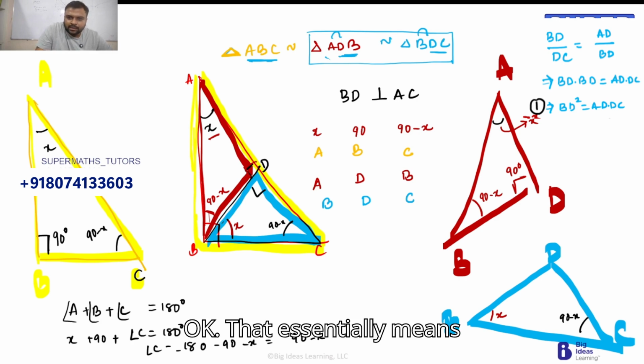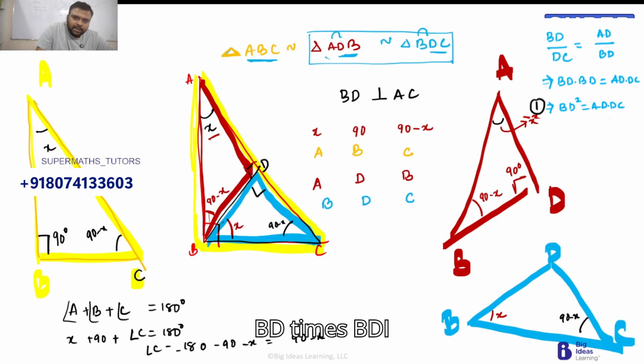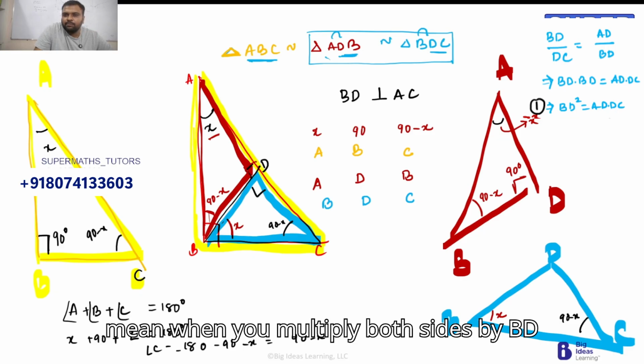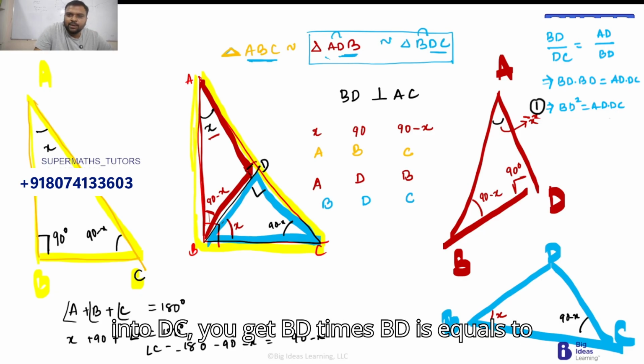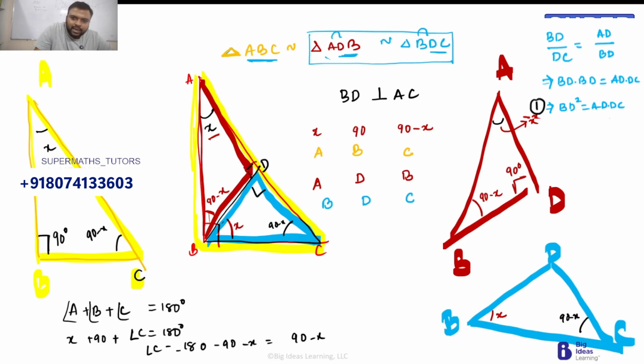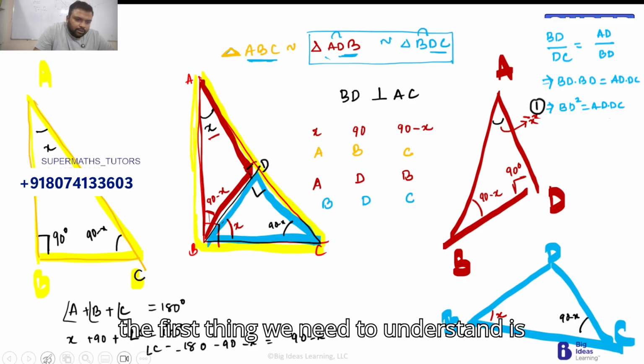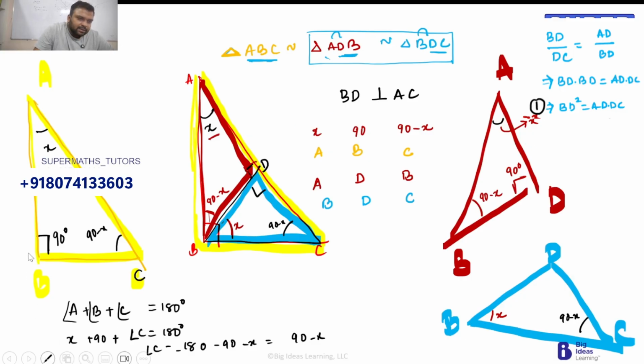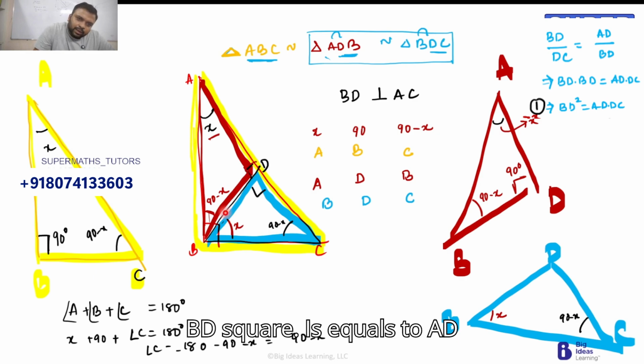Okay, that essentially means when you multiply both sides by BD into DC, you get BD times BD is equal to AD into DC. So that means BD square is equal to AD times DC. Understand? So the first thing we need to understand is BD square is equal to AD times DC.